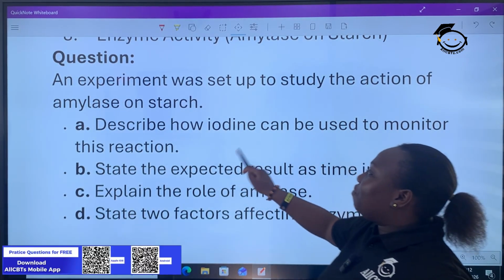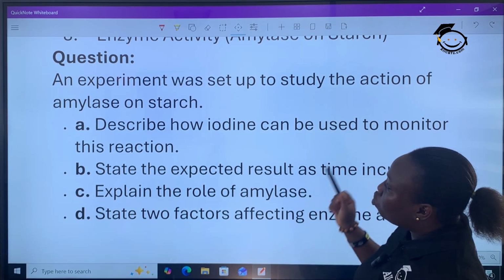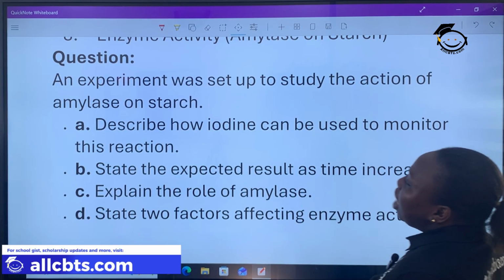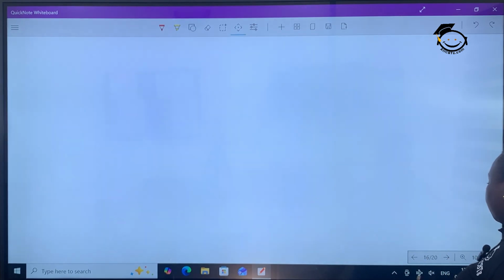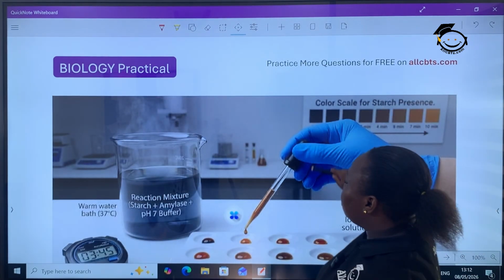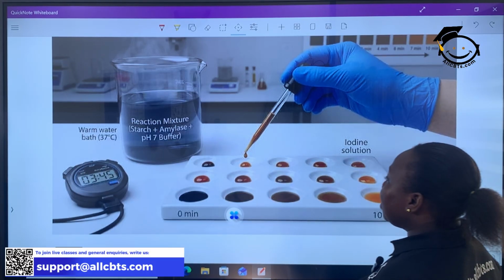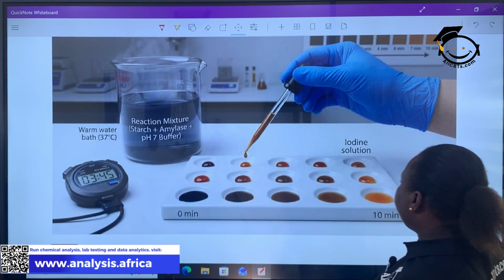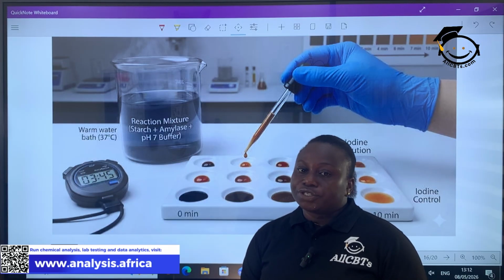Now the first question, describe how iodine can be used to monitor this reaction. The reason they want to see the action of amylase on starch. Now the way we conduct this experiment, let's look at this picture. You can take 3 or 4 petri dishes.